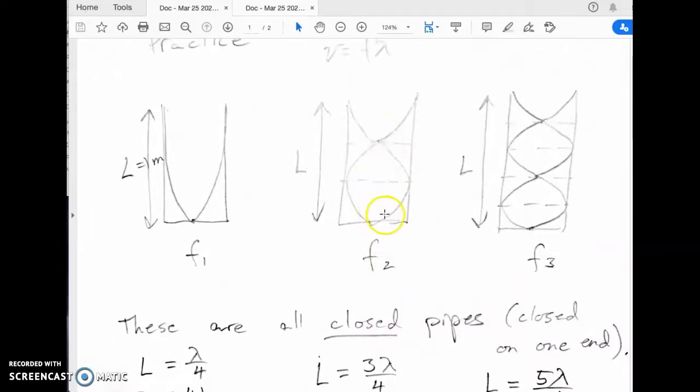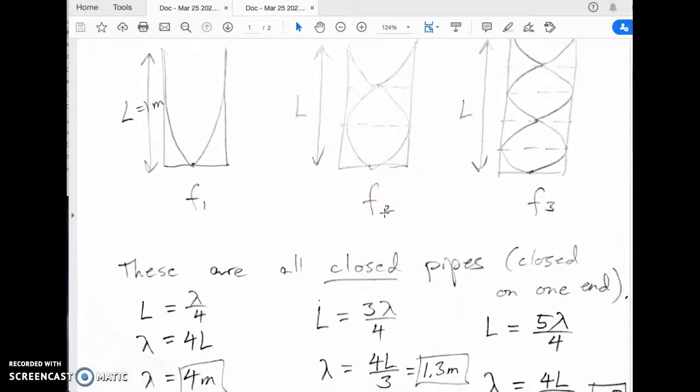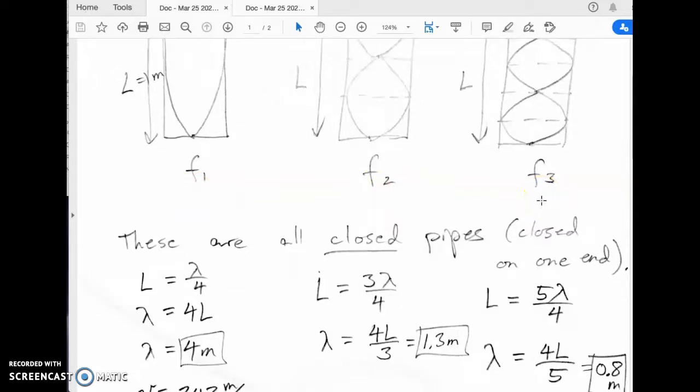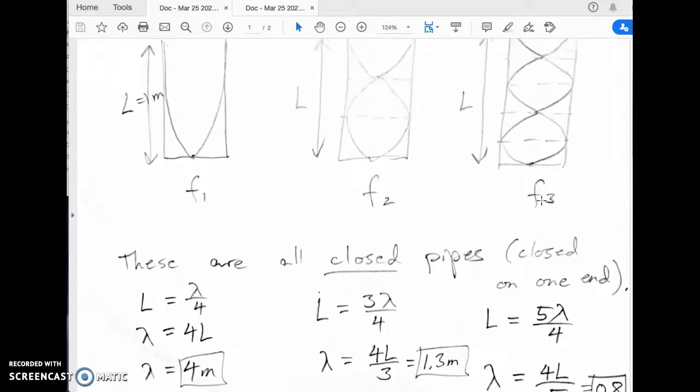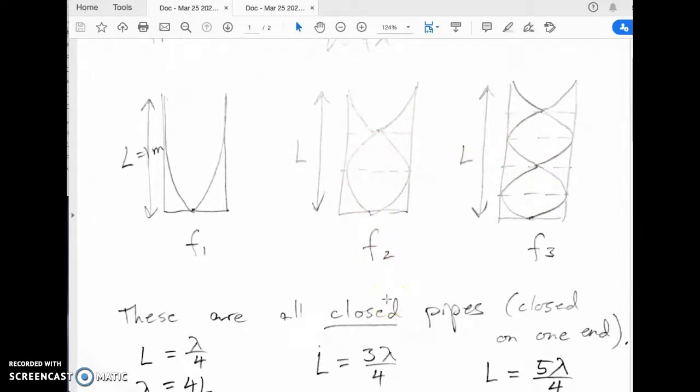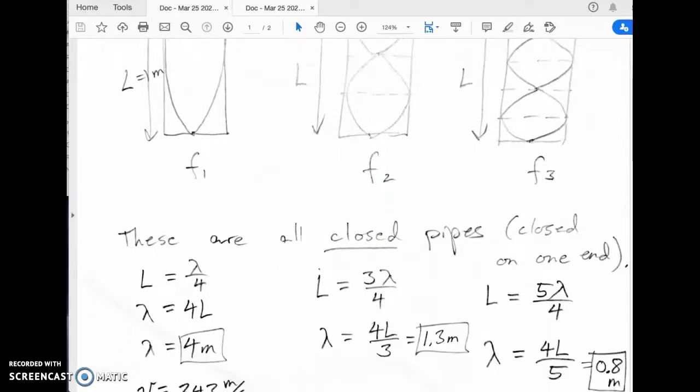For the second one, oh boy, I shouldn't call this F1, F2, F3. I should call this F1, F3, and F5, and I'll tell you why later. But for now, we'll say this is the second mode of vibration, so you could call it F2. That's a little confusing. All right, anyways, going on.